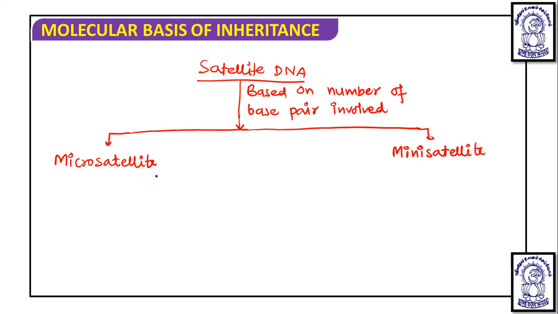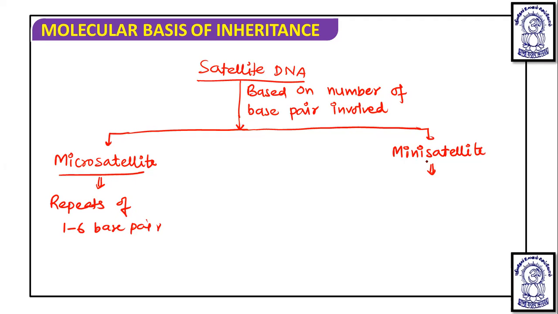If we talk about microsatellite, it is a DNA with repeats of 1 to 6 base pairs. So these are the short repetitive sequences.